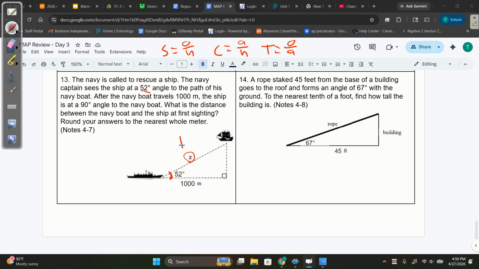This is my hypotenuse. This side would be the opposite side, and this is the adjacent side. I have adjacent and hypotenuse, so I'd be using cosine. Cosine is adjacent over hypotenuse, and we would solve it out.